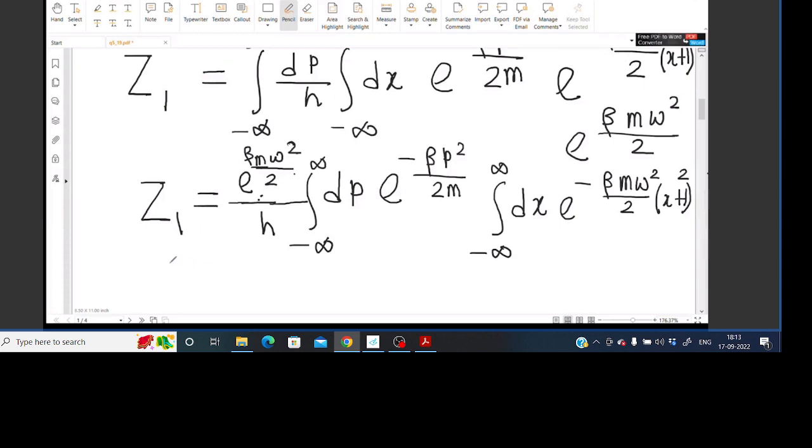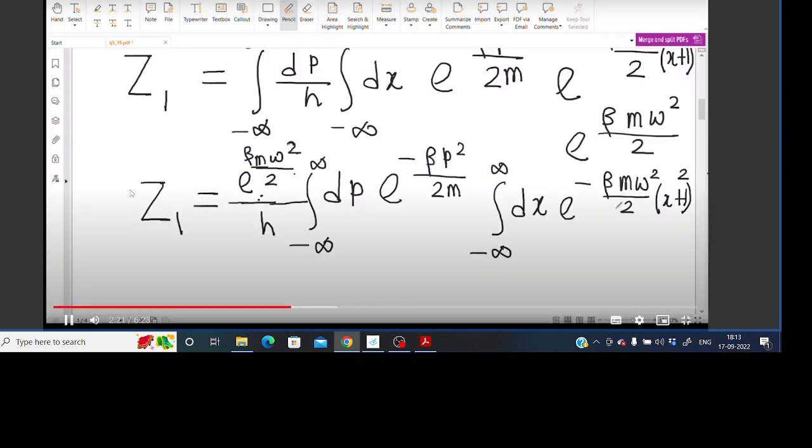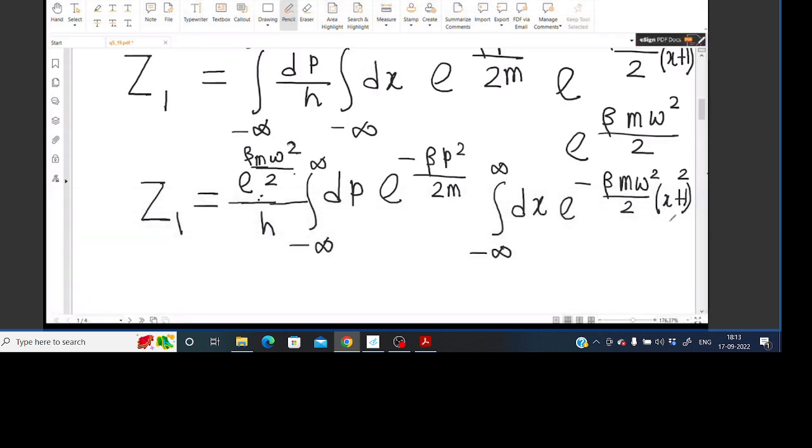So the single particle canonical partition function Z1 can be written as e to the power beta m omega square by 2 by h into integral dp e to the power minus beta p square by 2m into integral dx e to the power minus beta m omega square by 2 into x plus 1 whole square.